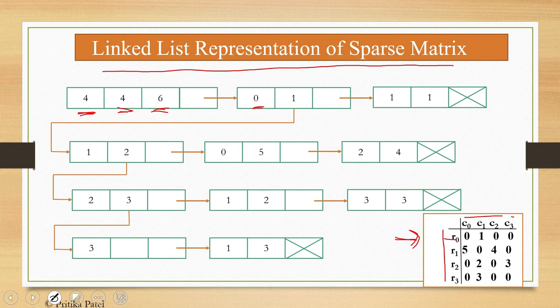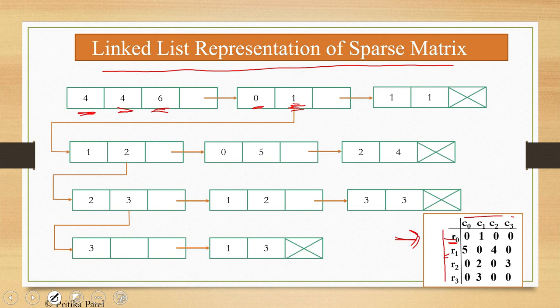Then in the row node, the next one is the pointer to the next row. The next row is row 1, so it will point to the next row, that is row number 1.